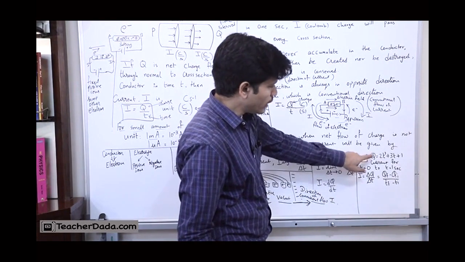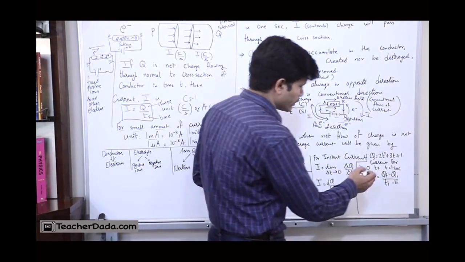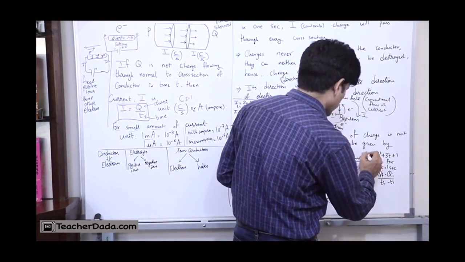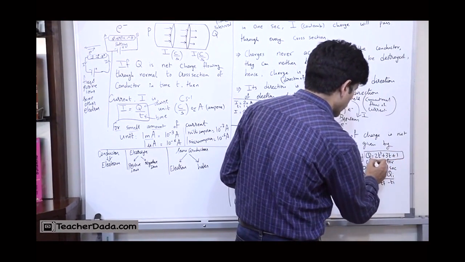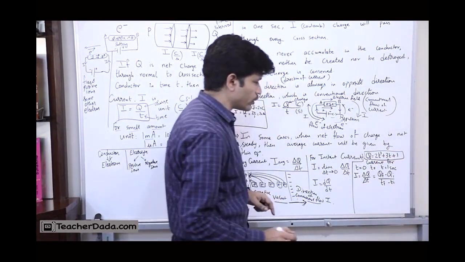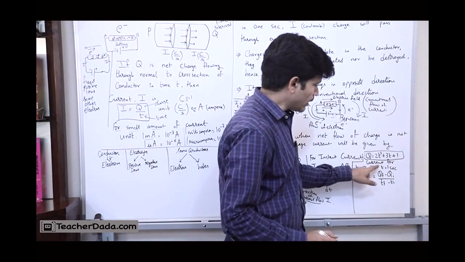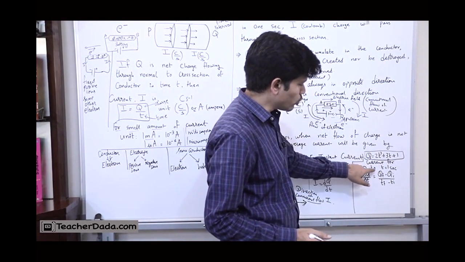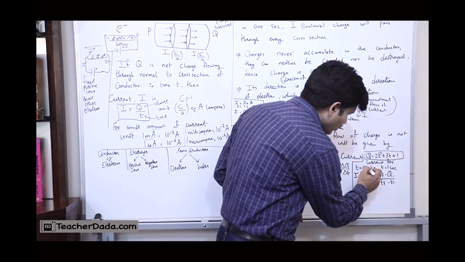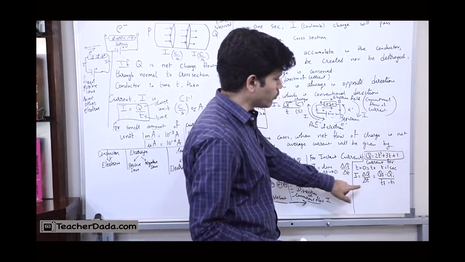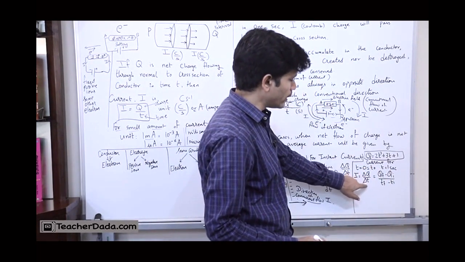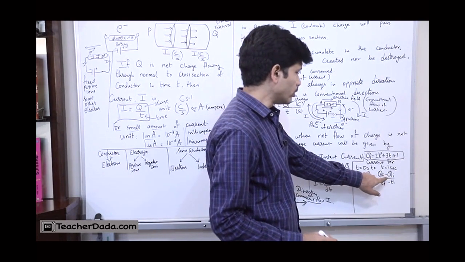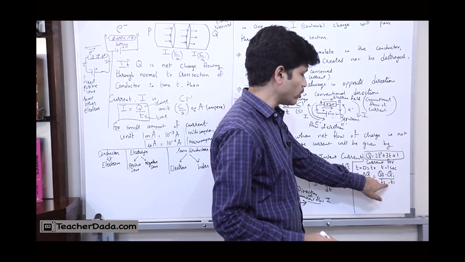So now we have the equation. Let us take one equation, that is capital Q is equal to 2t square plus 3t plus 1. And here we have the current for time from t is equal to 0 seconds to t is equal to 1 second. So what we will get? I is equal to delta Q by delta T, is equal to QF minus QI upon TF minus TI.